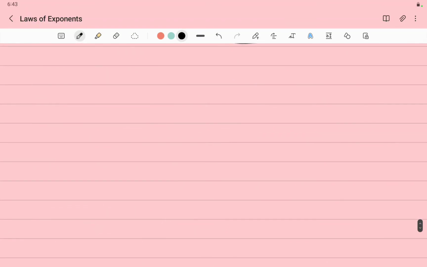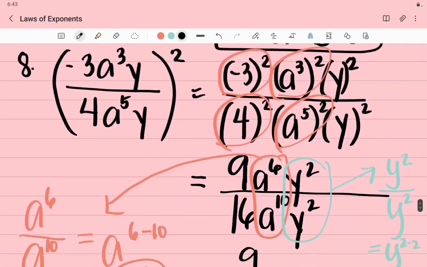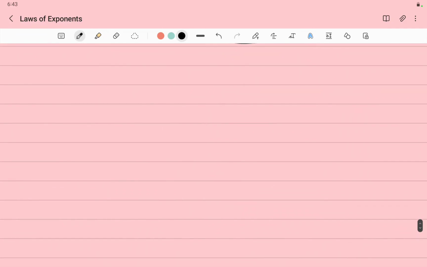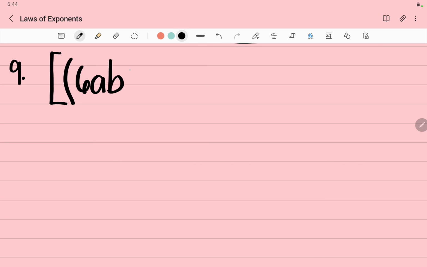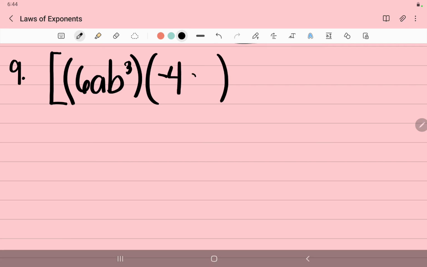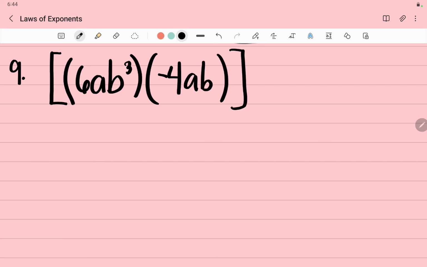What number are we now? Number 9. Let's say we have, in brackets, AB cubed, in parentheses, negative 4AB, the bracket raised to 0.